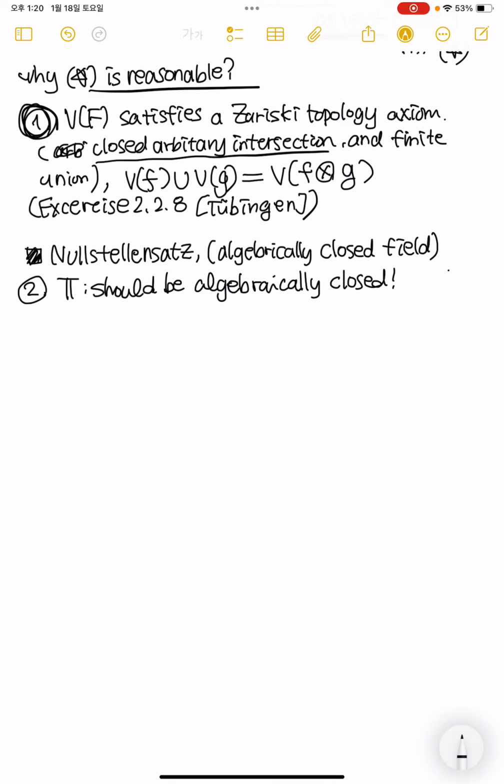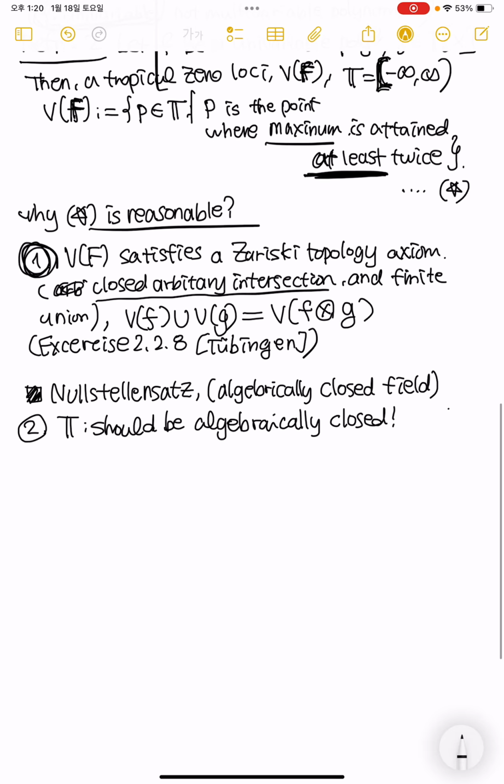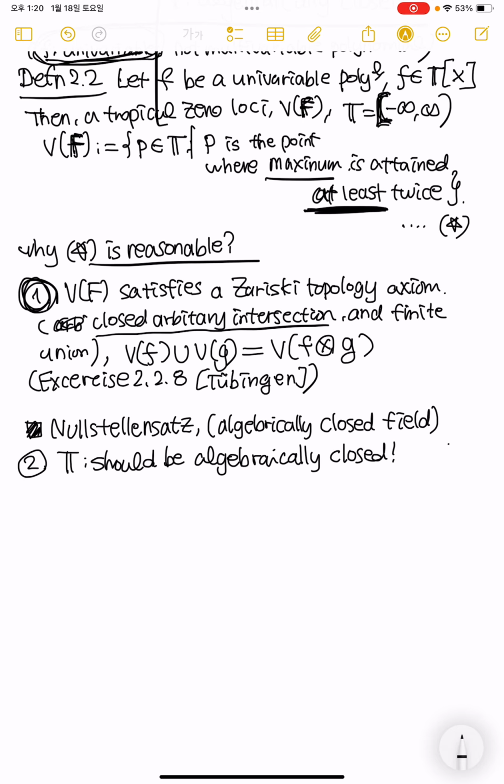Okay, now that's the second why the tropical geometry, the zero loci is reasonable.